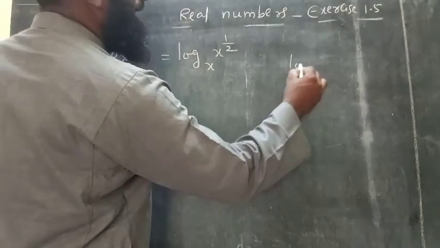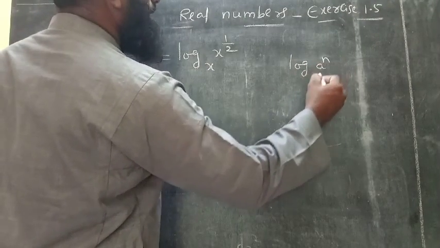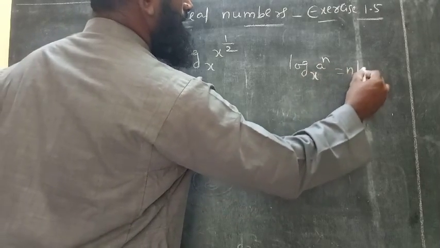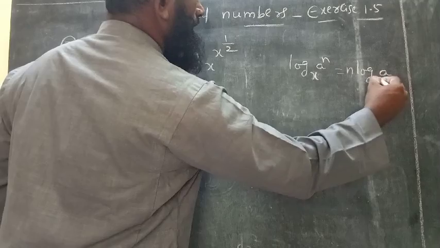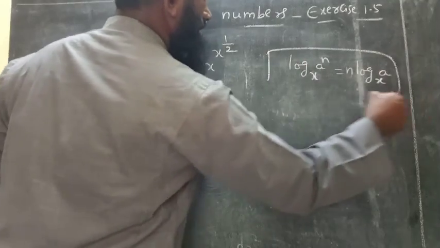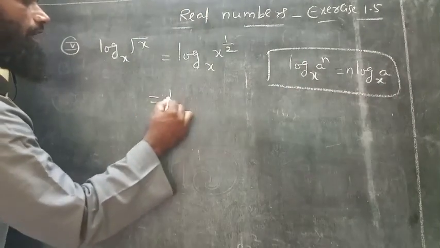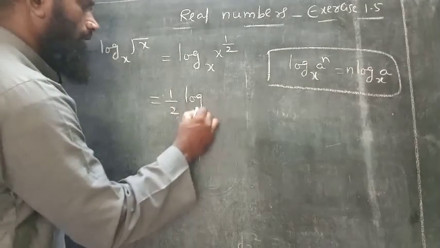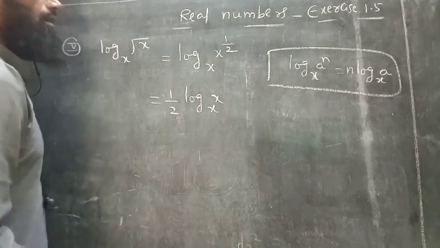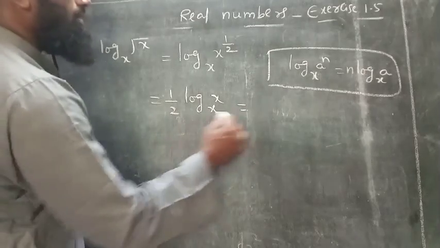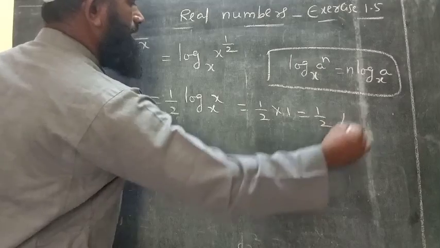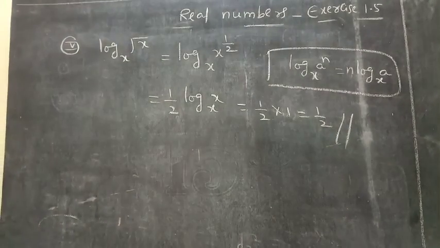Now it looks like log a power n base x equals n log a base x. From this we get 1 by 2 log x base x. Log of any number to the same base, the answer is 1. So 1 by 2 into 1, the answer is 1 by 2.